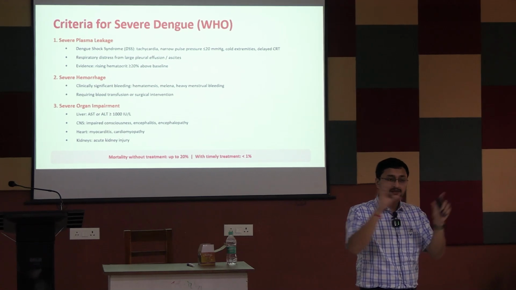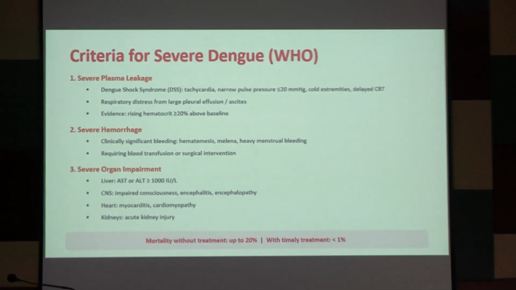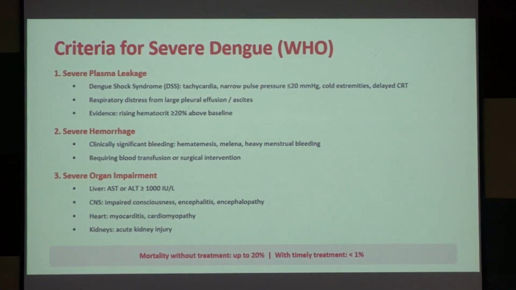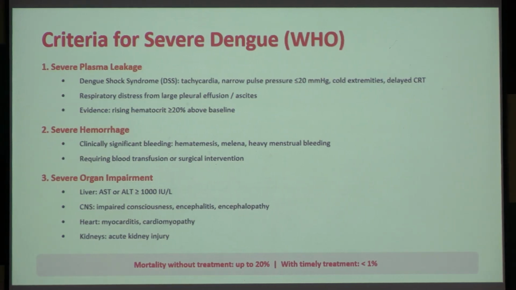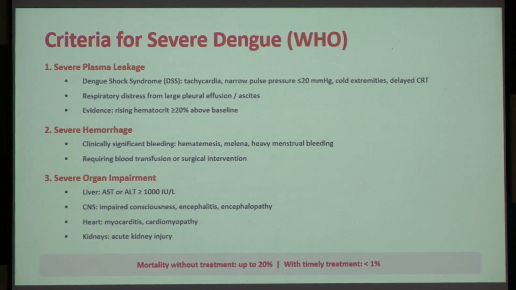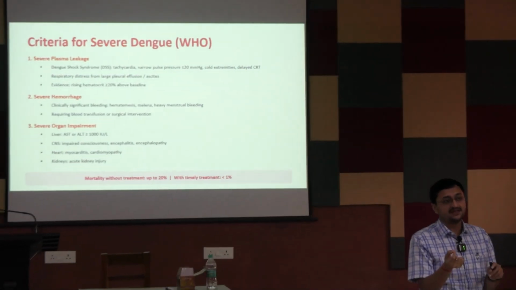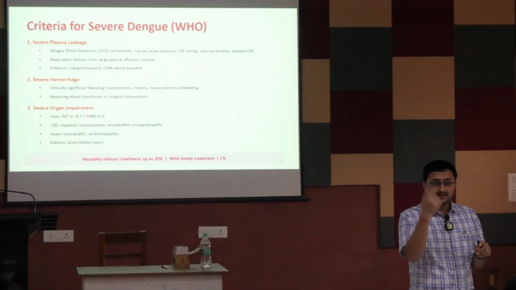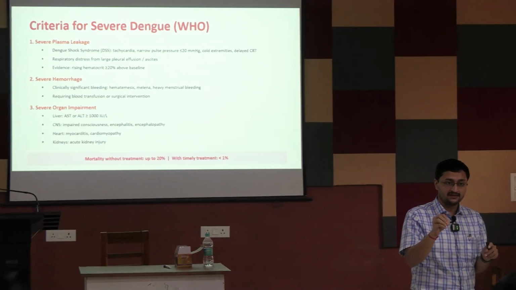Suppose there is a bucket, right? There is a bucket and there are some pebbles inside and water full of it. So the pebbles are hematocrit and the water is plasma. If there is a leak just beneath the bucket, what will happen? The water is leaking out, but the pebbles are inside that bucket.